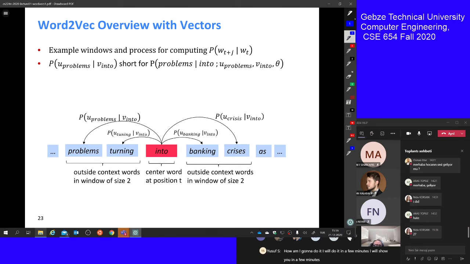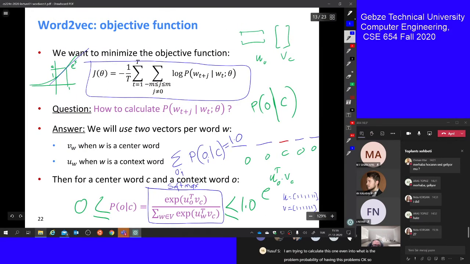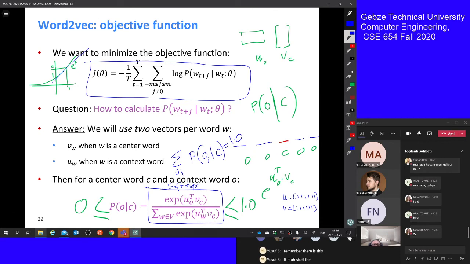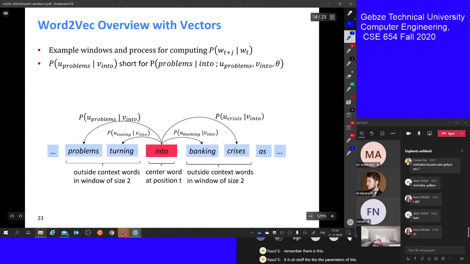Okay. So I am trying to calculate the probability of having these words given into. Remember, there is this theta, the parameters of this whole system. My parameters are the vector of problems and the vector of into, along with the other parameters.